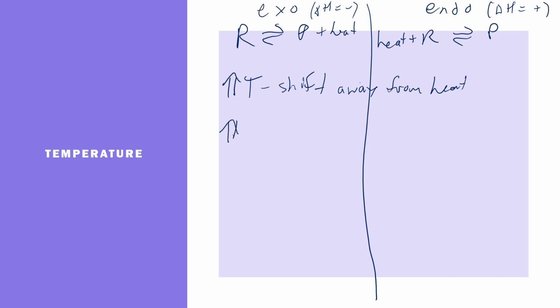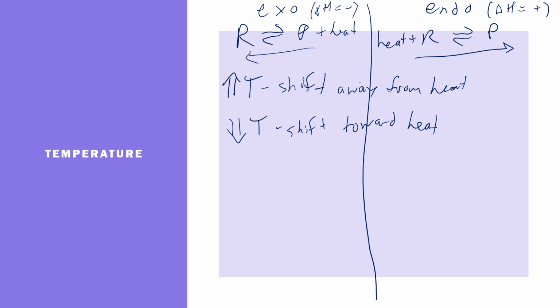The way that I like to think about it: if I increase the temperature, it's too hot and I want to get away from the heat. So in an exothermic reaction, that means it'll shift towards the reactant side. But in an endothermic reaction, it will shift towards the product side because it goes away from the heat.